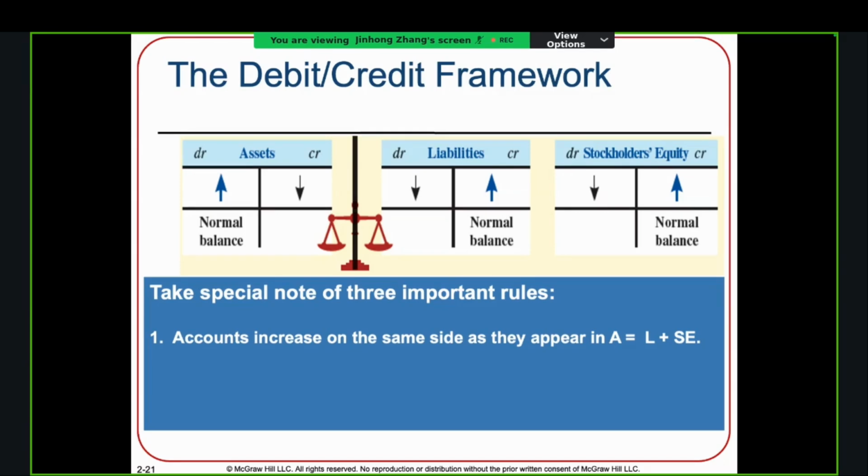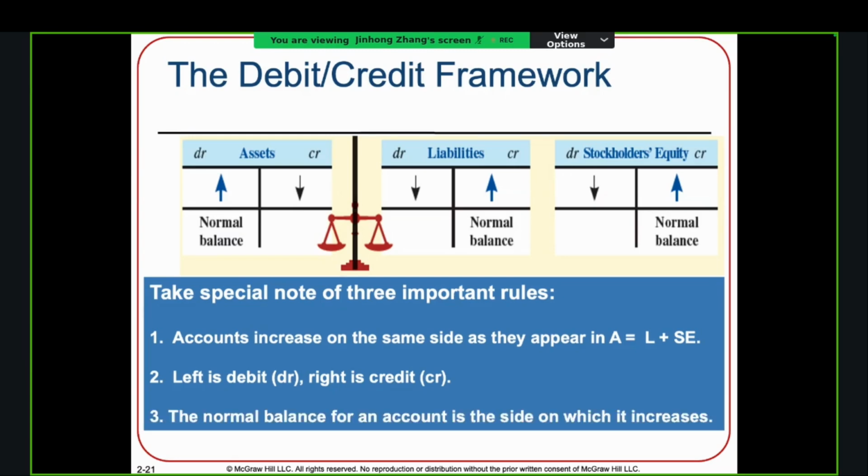That's how this game balances. So left is debit, right is credit. That's the account. The normal balance for an account is the side on which it increases.